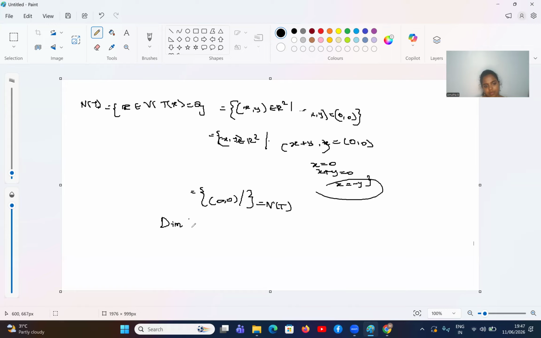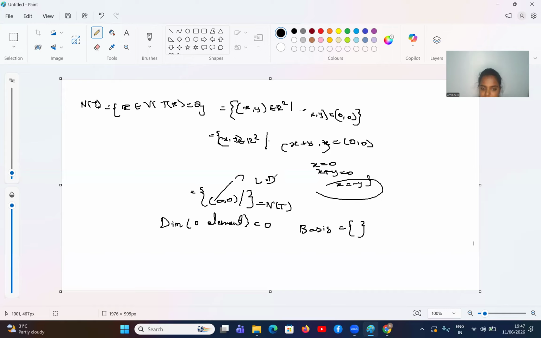The dimension of the 0 element is always 0, because the basis is empty. Why? The 0 element is always linearly dependent. Keep it in your mind.